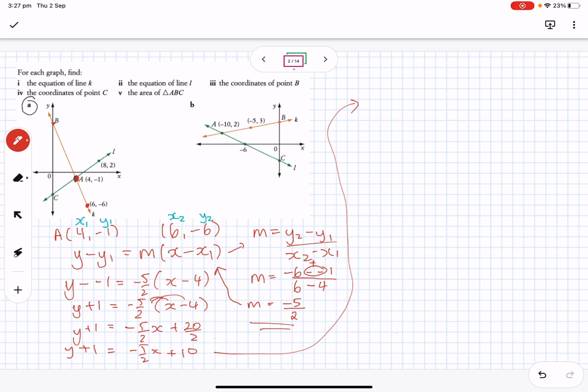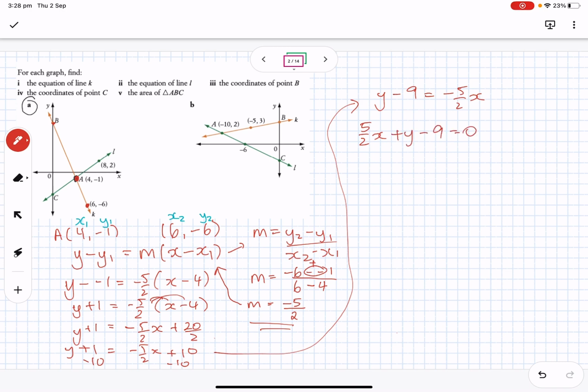Okay, so let's minus 10 on both sides. You've got y minus 9 equals negative 5 over 2x. Let's bring that over. So we've got positive 5 over 2x plus y minus 9 equals 0.